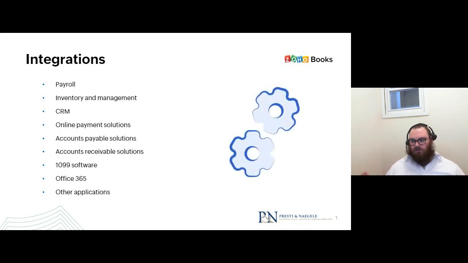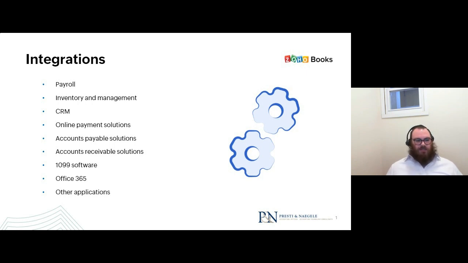So the first thing is to understand, excuse me, what does your current system integrate with? What integrations are you using or third-party tools that you need to run your business? The greatest thing about being here with Zoho is that they have an integration with everything.